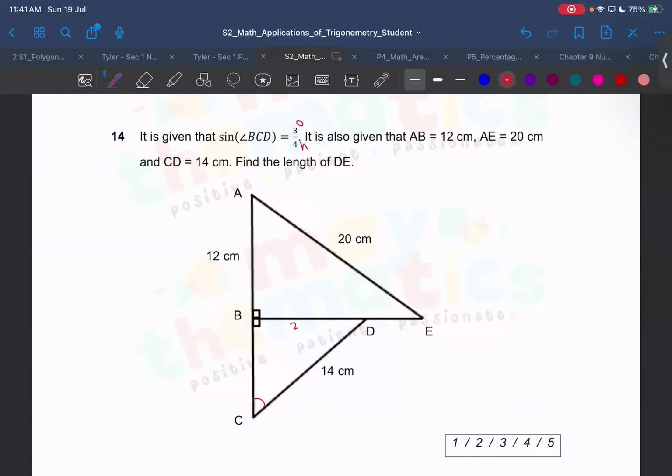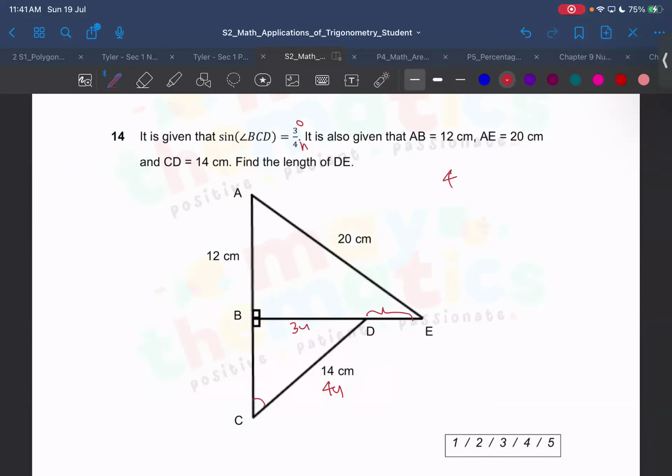So BD is 3 unit. And then what about 4 unit? Which side? CD. Okay, so this is 4 unit. Okay, so next you need to find the length of DE. But then 14 divided by 4, you will get decimal, but it's still doable.